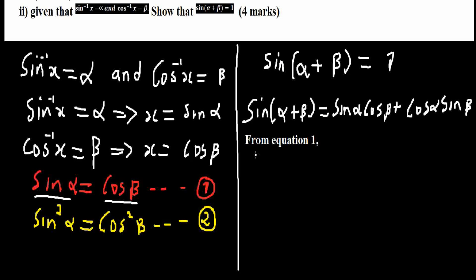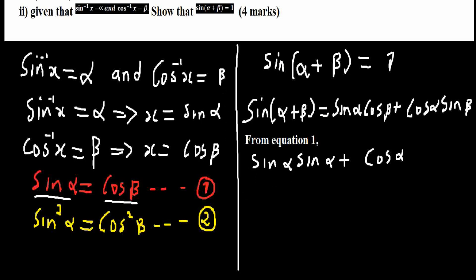So we are going to have sine alpha plus, now cos, because I've decided to change all my angles to alpha. Now sine beta, there's no sine beta here, but what do we know?